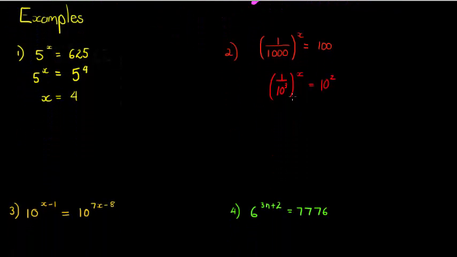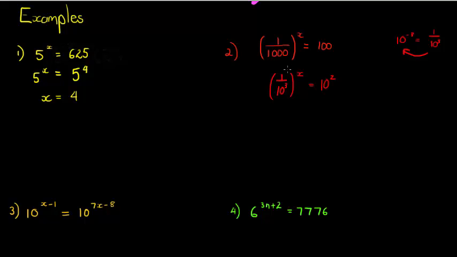Now you'll notice that, using our simplification process, we can write this base as 10 to the power of negative 3. Hopefully you remember that 10 to the power of negative 3 is equal to 1 over 10 to the power of 3. So we can go the other way around, because at this stage this whole bracket is a base, and they're not the same.